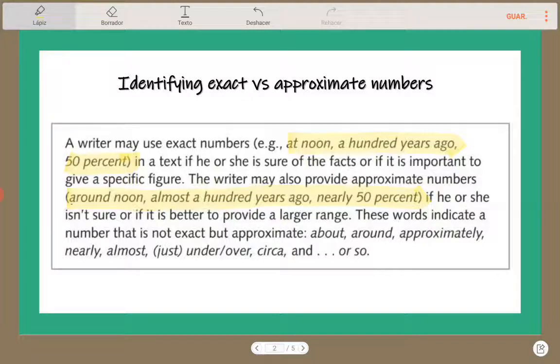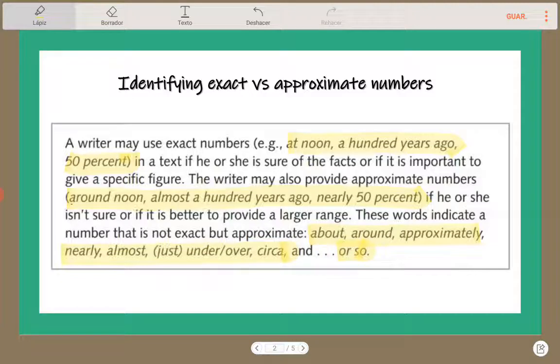Now, what are the words that we may look for to identify an approximate number? Well, these are the words: about, around, approximately, nearly, almost, just, under, over, circa, or so. Okay? So those are the words that we may look for so we can identify the approximate numbers.